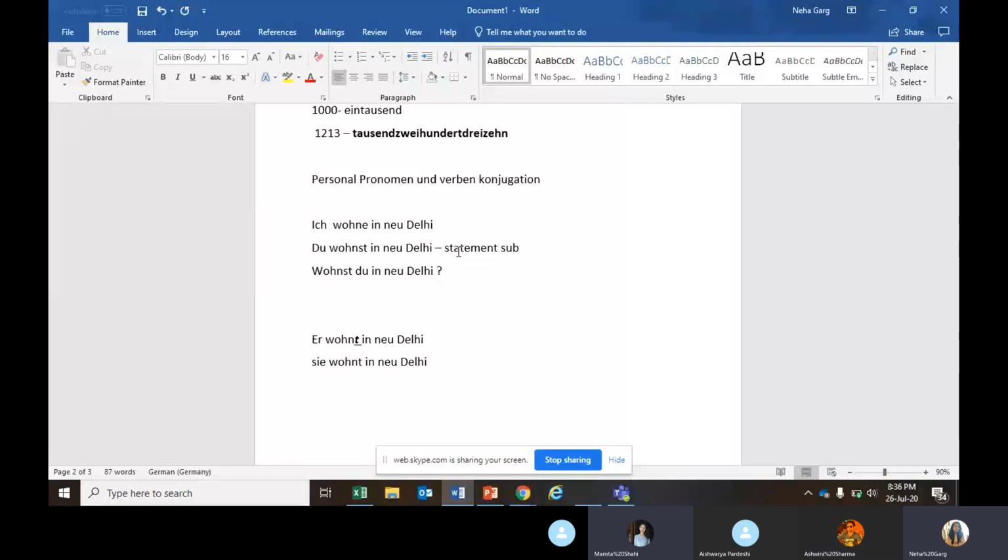Subject plus verb plus object, a basic rule for framing a sentence. For a question you use the verb and then subject plus object, right? Question marks we use in German, right? Yes. So question marks, exclamation signs, everything are the same. Okay.